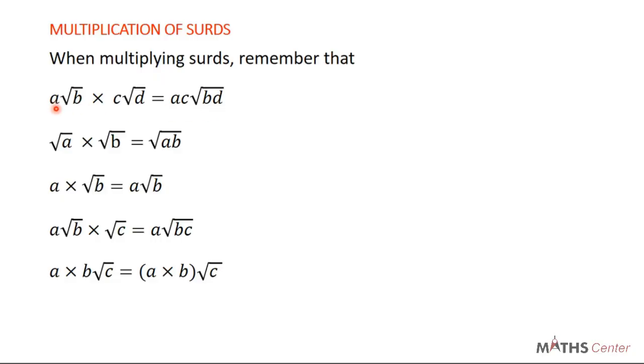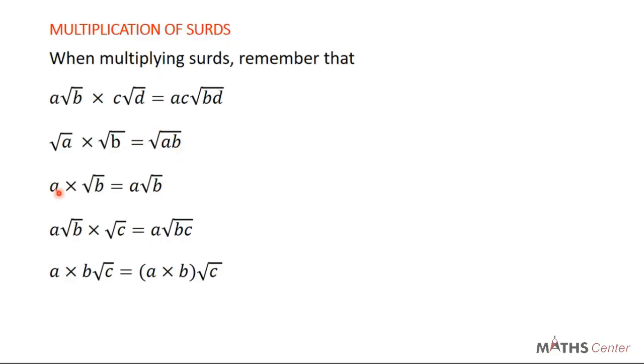If you have a root b multiplying c root d, what is in front of the square root sign will multiply. So a will multiply c, then what's under the square root sign will also multiply. B will multiply d. It follows for all these. So if you have square root of a multiplying square root of b, you are going to have square root of ab.